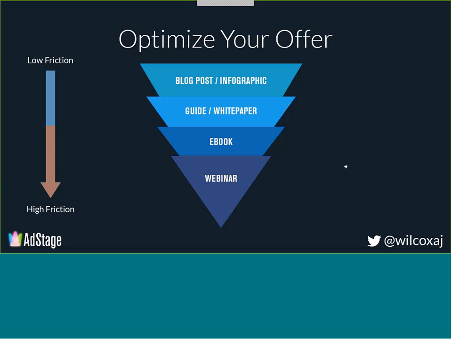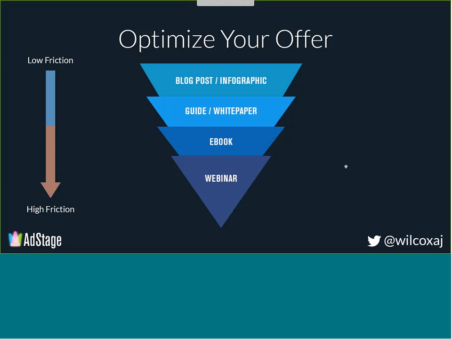Whereas at the bottom of the funnel, you have something like a webinar, and I realize this is ironic that we're speaking on a webinar, but to a webinar, not only do you have to give up your personally identifiable information, so you can figure that someone may reach out to you at some point over email or over phone, but you also give up a nice 60-minute to 90-minute chunk of your time during what is usually a busy work day.